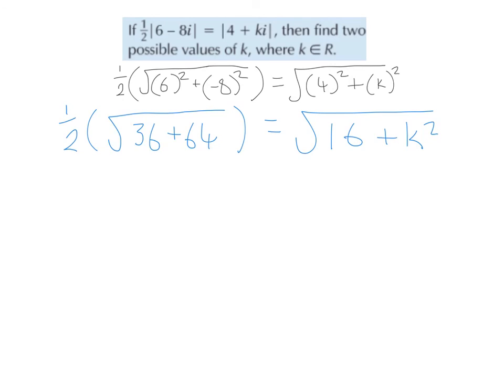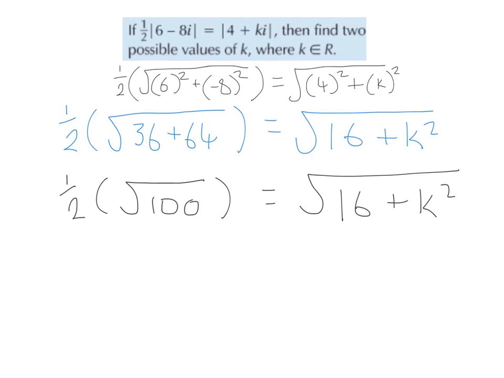Okay, so now we're just going to work out what's going on over here. For the moment, all I'm going to do is work out 36 plus 64 to give me 100. So I still have my root. So I have a half multiplied by the square root of 100 equals the square root of 16 plus k squared. Nothing changes with this for the moment.